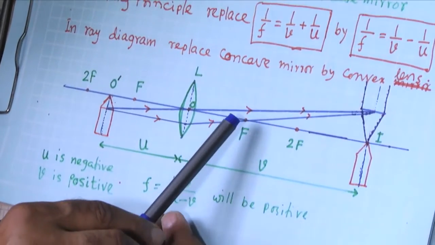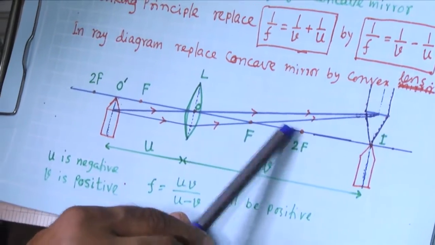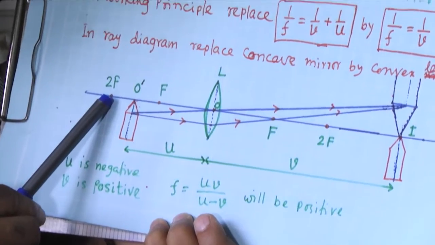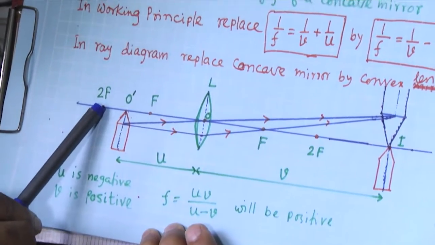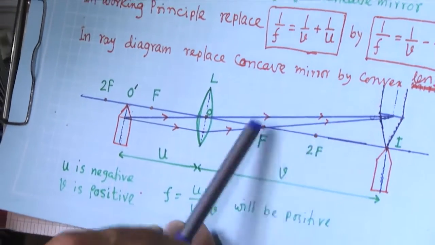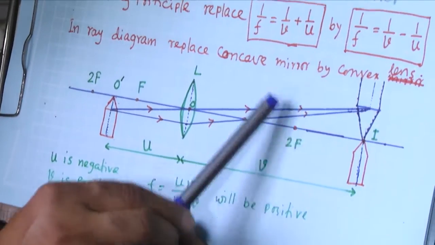In that case it will be between f and 2f. When you bring the object to 2f, the image will be at 2f, and it will be real and inverted.